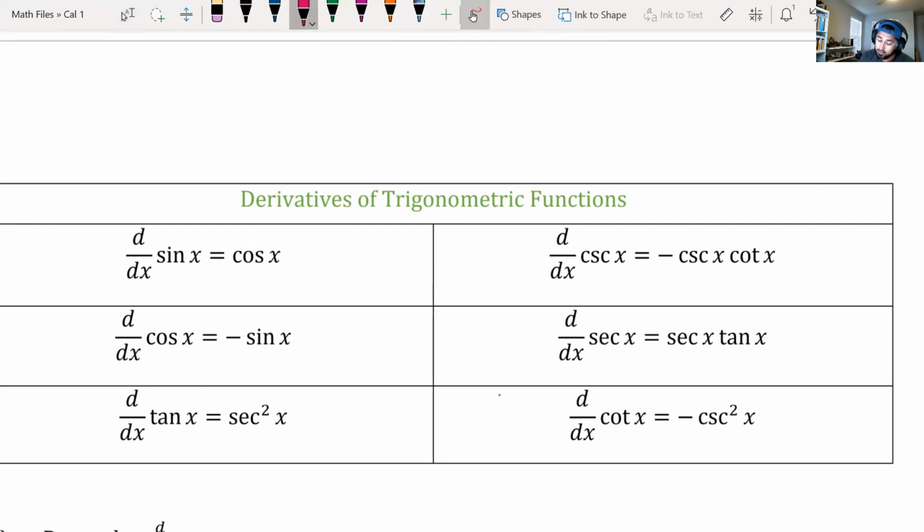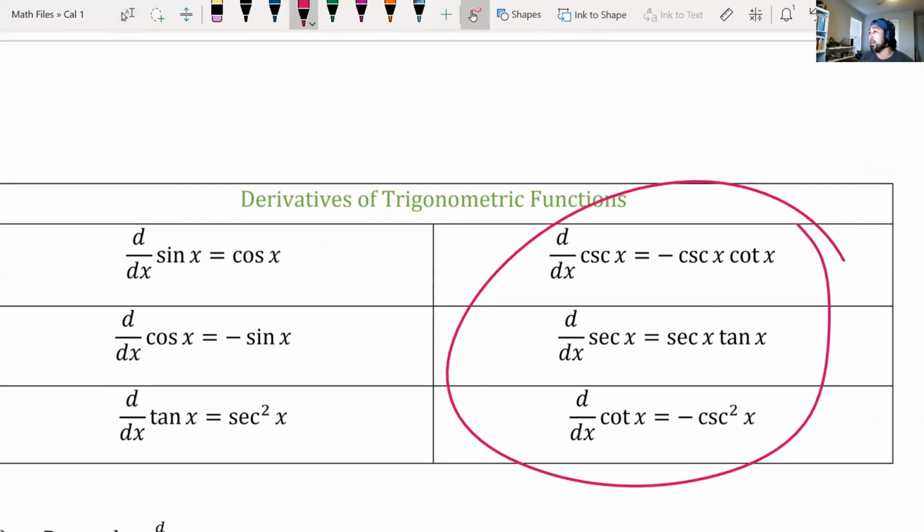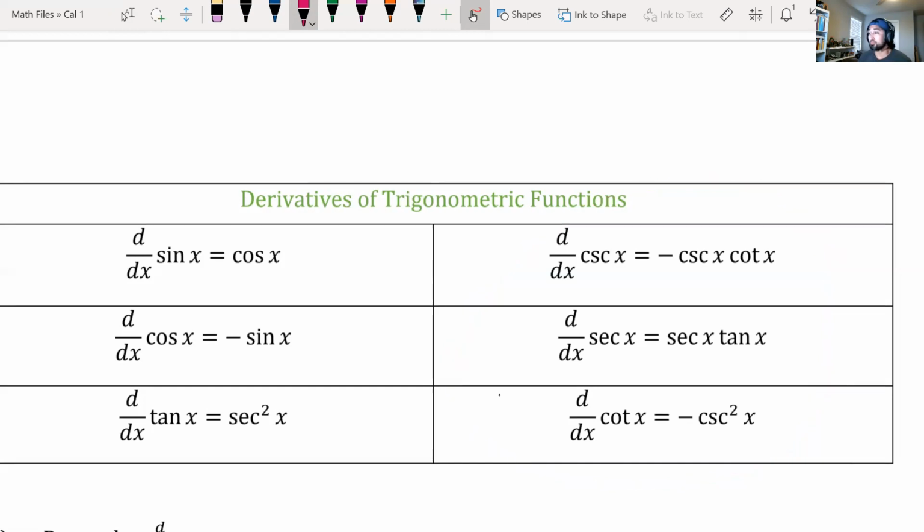The ones we don't know yet are written out already. The derivative of cosecant is negative cosecant cotangent. The derivative of secant is secant tangent. And the derivative of cotangent is negative cosecant squared. So those are the remaining 3 trig derivatives.